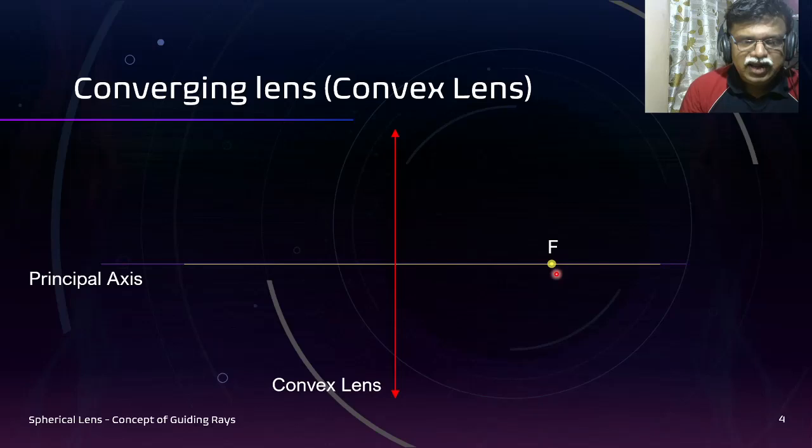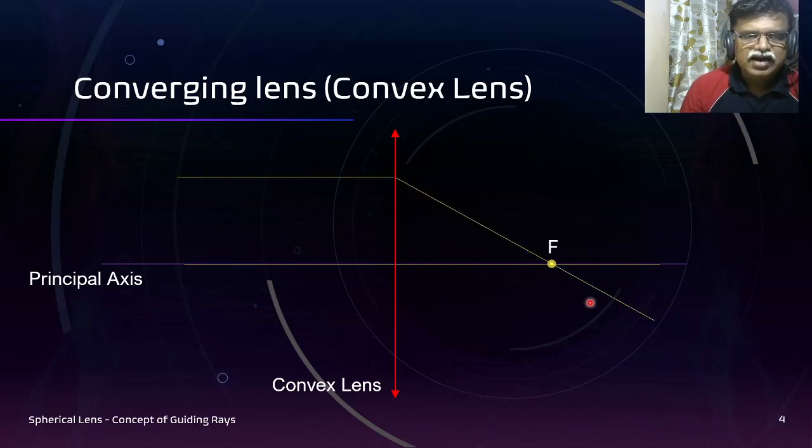Now a ray going along the principal axis will travel straight. It will not bend, it will not get deviated, because the amount of deviation depends on how much distance from the center of the lens the ray is incident. So if there is no distance, if it is passing through the center, the ray goes straight.